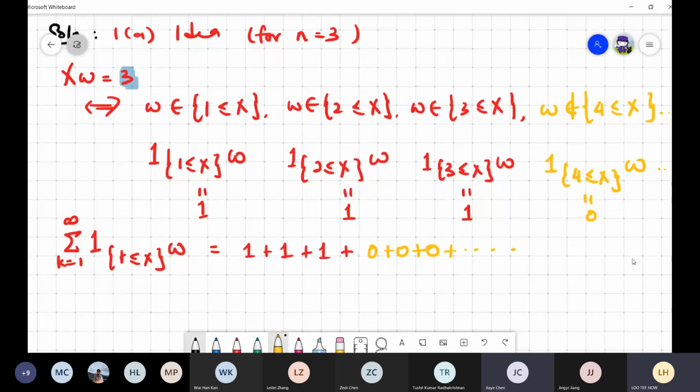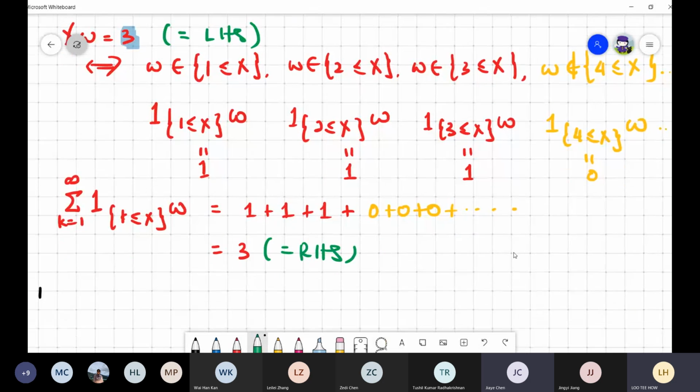So for this case, we get 3. If you compare these two, this is actually our left-hand side, and this is our right-hand side. From here, you can see the left-hand side always equals the right-hand side, so we claim they are the same.